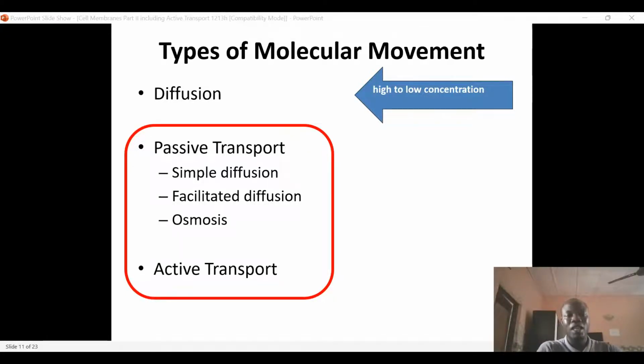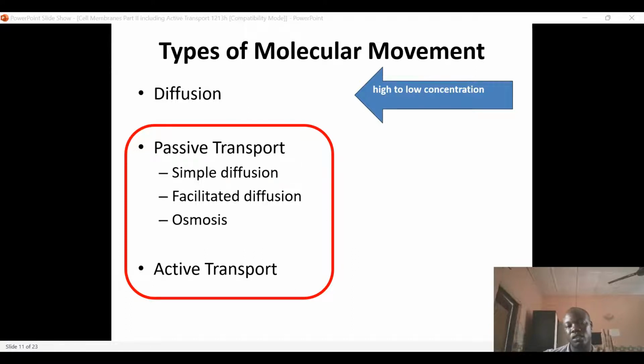When the glucose moves from the region of higher concentration to the region where the molecules of glucose are low, that is what you call diffusion.